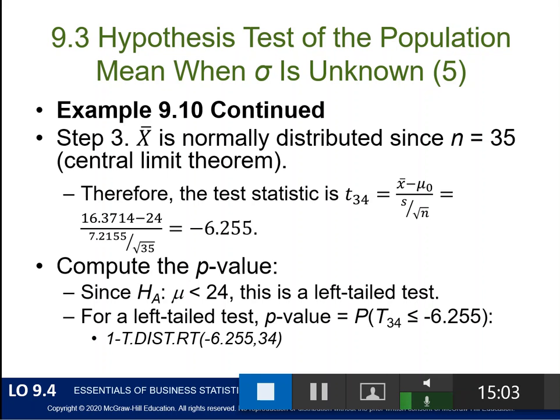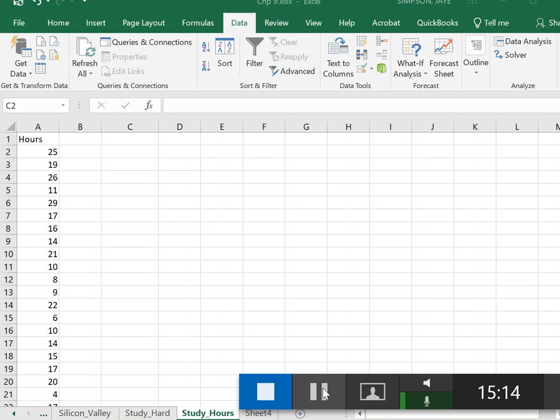So let's jump over to Excel now, and we're going to go back into our Chapter 9 worksheet and look at the study hours worksheet. All right, so again, I'm in my Chapter 9 workbook that's posted there for you in Blackboard. I've got the study hours worksheet pulled up, and I want to start from the beginning. First, let's calculate the average of the sample.